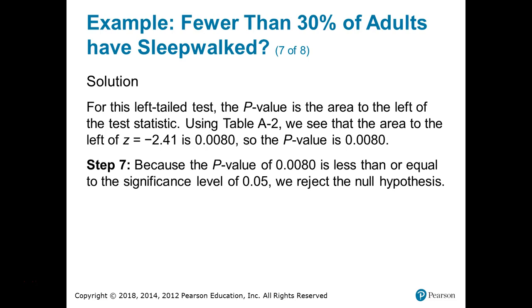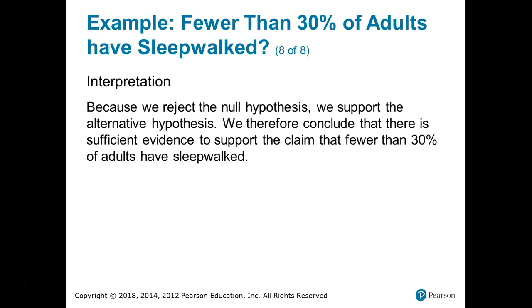Because the p-value of 0.008 is less than or equal to 0.05, we reject the null hypothesis. If we reject the null hypothesis, we're looking at the alternative hypothesis. Therefore, we conclude that there is sufficient evidence to support the claim that fewer than 30% of adults have sleepwalked.